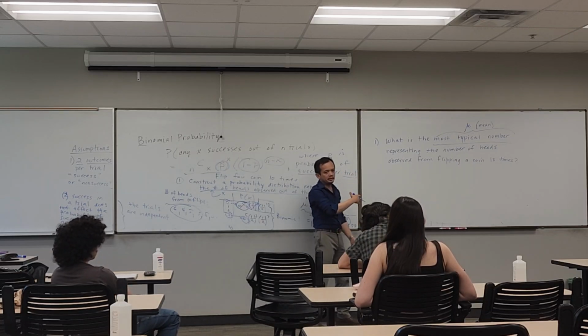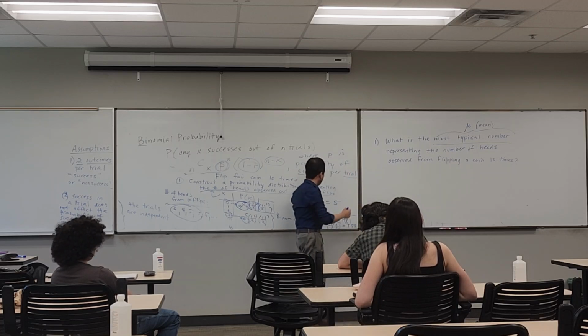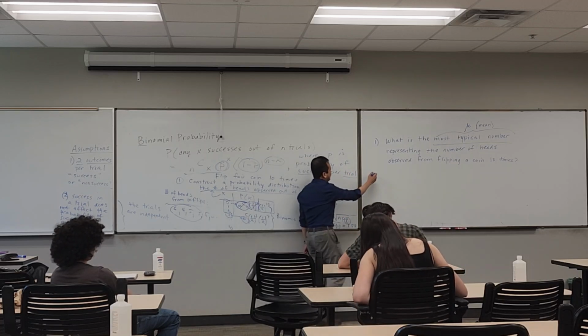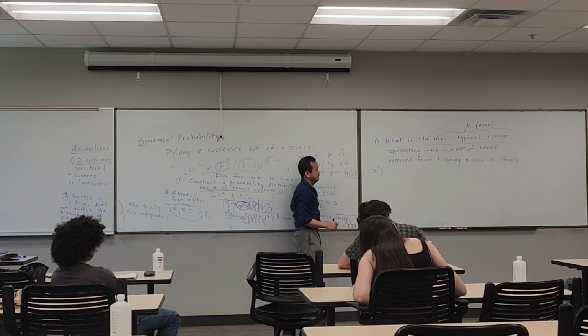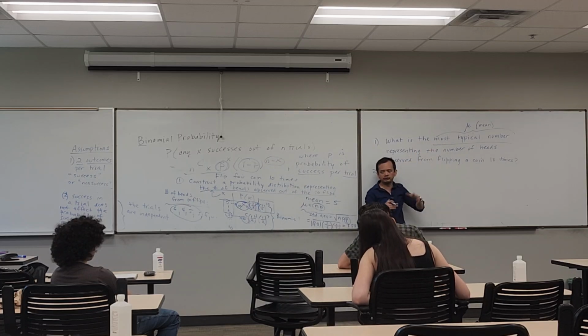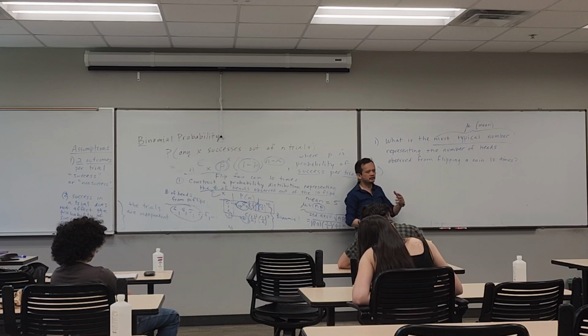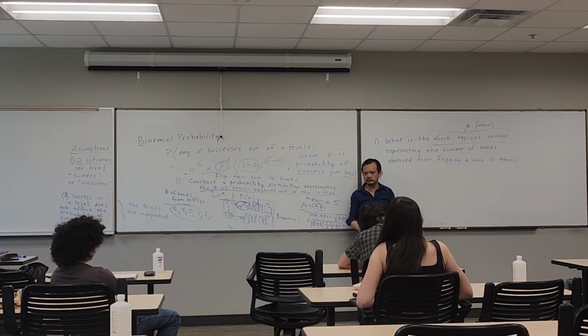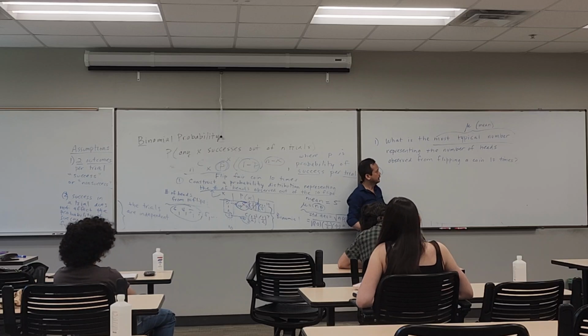And in this example, that mean or most typical number is 5. And so the second related question is, this most typical number being 5 heads that you observe, does that mean that you're going to observe 5 heads every single time that you flip a coin 10 times? No.